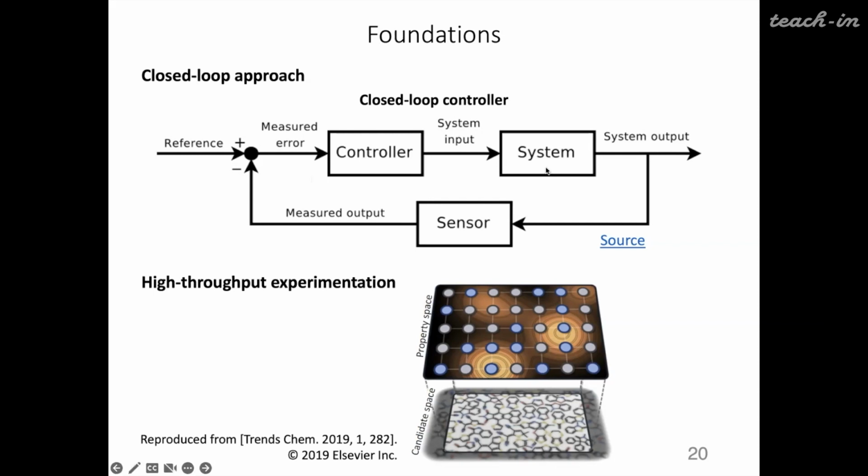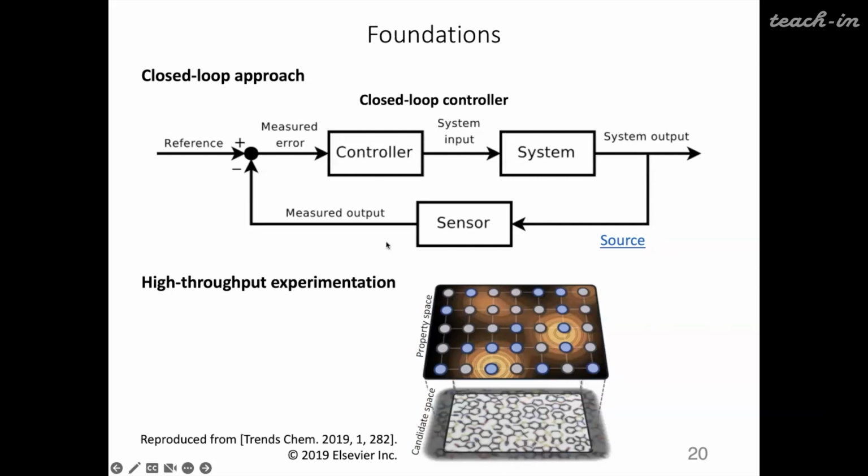So the controller gives a signal to the system that corrects the output signal, and it can be analyzed with some sensor in such a way that we can compare it with the reference and estimate if we have a positive or a negative deviation.